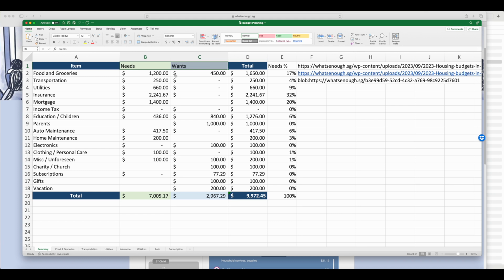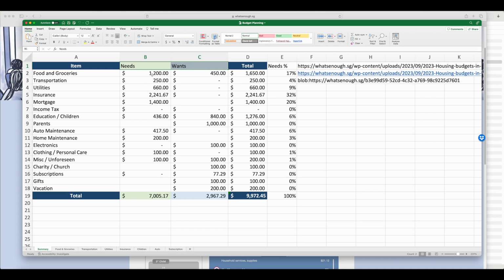I loosely follow that, and I'll just budget based on what's really required. So needs are things that I cannot live without, that I really need, and wants are things that I can do without, in the event of an unfortunate loss of income. Wants are the first things that would go away, right?